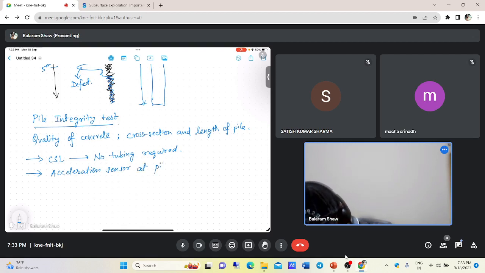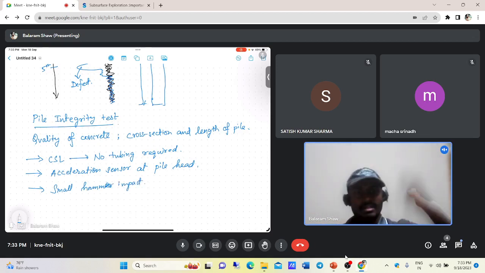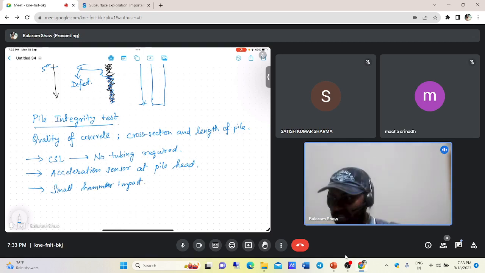Compared with the pile driving analyzer test, only a small hammer impact is required. As we have seen in the video, that much load is not required. Simply one person can do the hammering and then we can have the data.